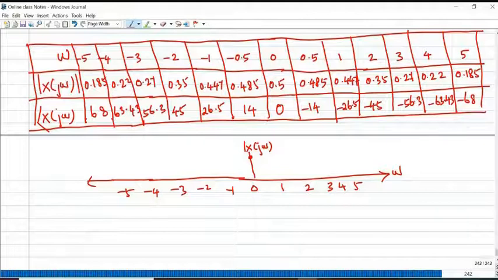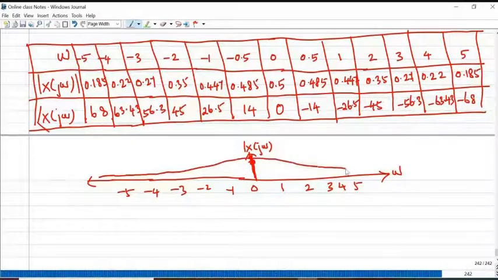This is 0.5. Then 0.48, 0.447. This side minus 0.5, minus 48. So you will get the signal like this. Okay, this will be decreasing up to infinity.